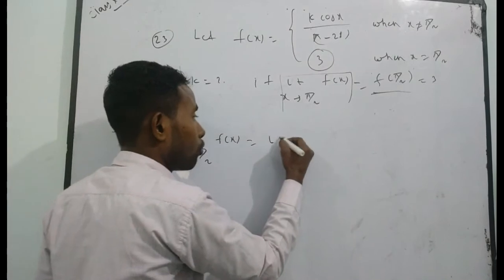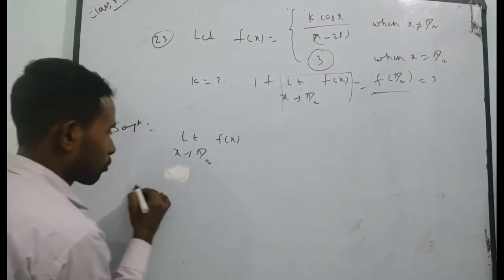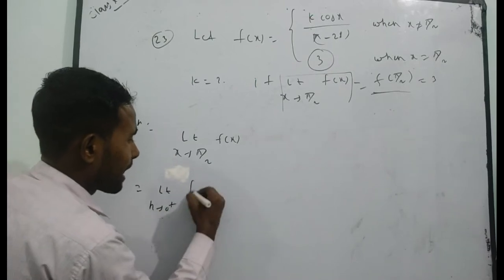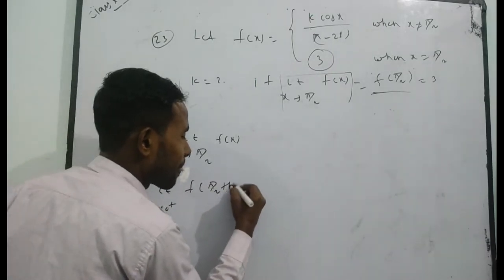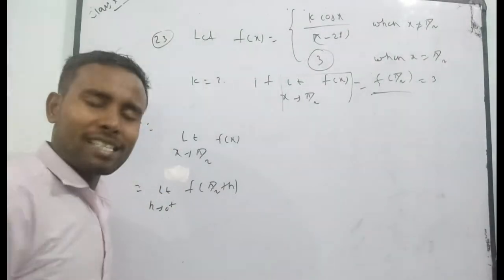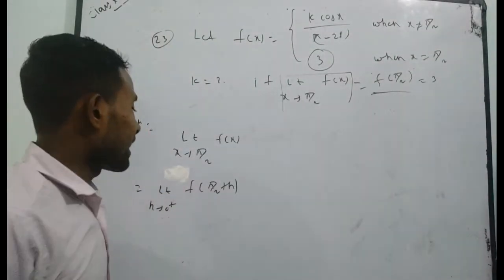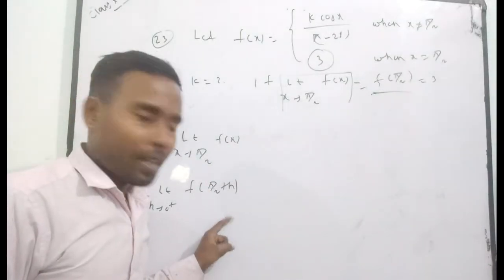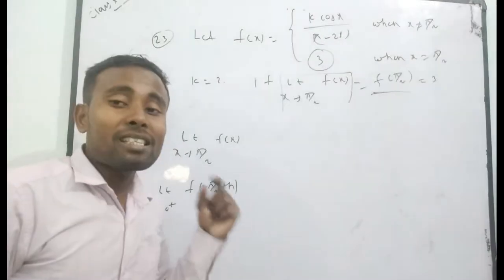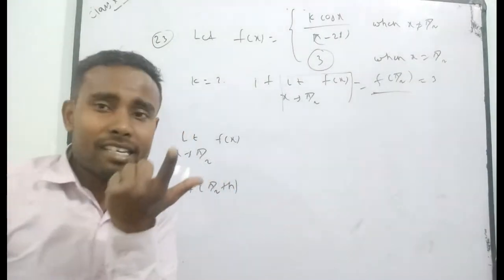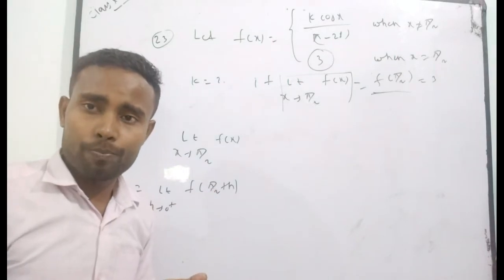If you go by LHL, suppose I want to go by RHL. In that case, can you write limit x tends to pi by 2 from the right hand side, f(pi by 2 plus h)? What is the meaning of this expression? In f(pi by 2 plus h), x is simply replaced by pi by 2 plus h, which means x is slightly greater than pi by 2.